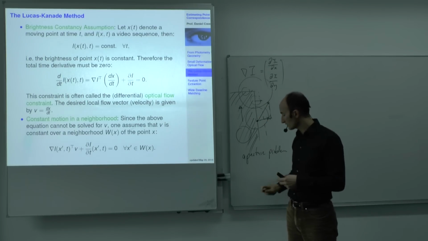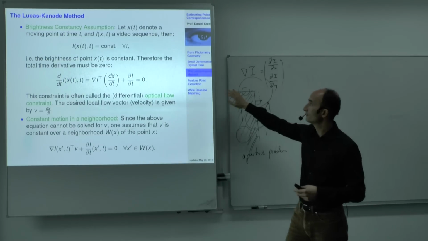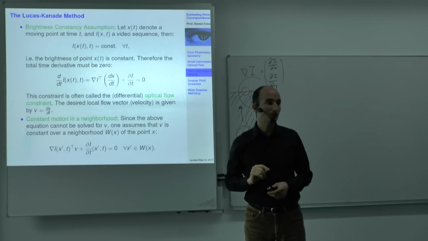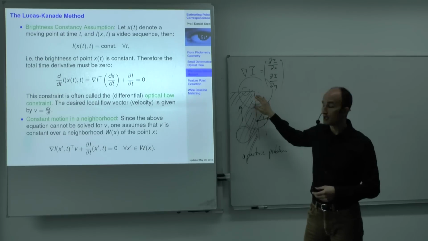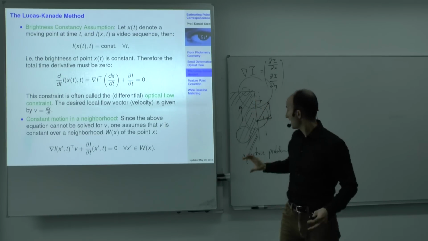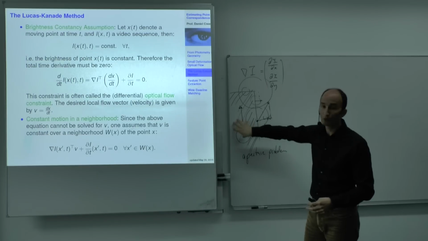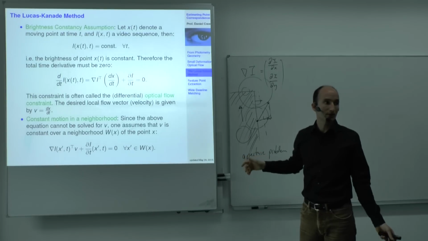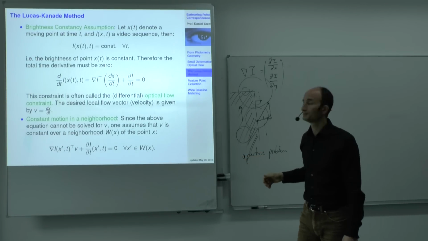And so if you search for one flow vector that fulfills this constraint for all points, then there is a unique solution. In this scenario, if your window happens to be on an edge, or even worse, in a constant brightness area, then you're screwed. Then there is no motion that you can estimate.